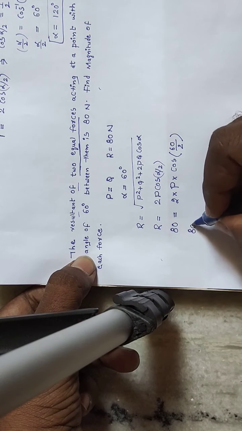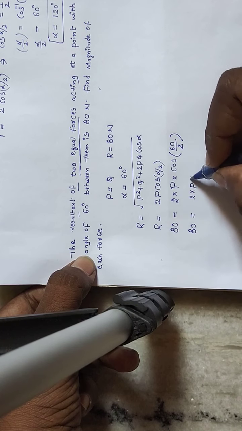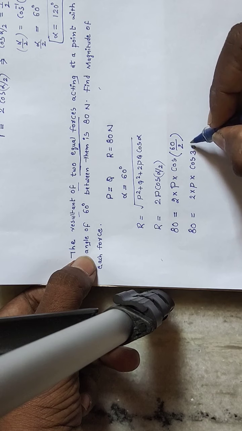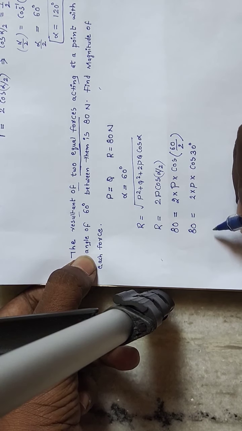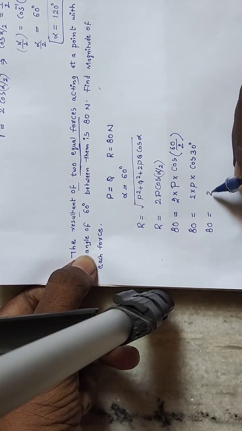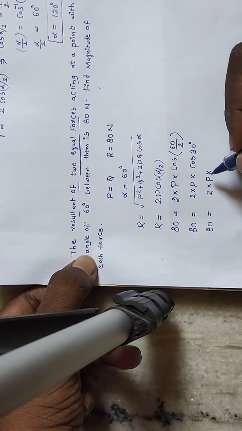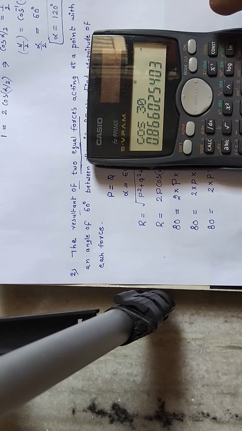So 80 equal to 2 into P into cos 60 by 2, which means cos 30 degrees. So 80 equal to 2 into P into cos 30. Cos 30 is 0.866.